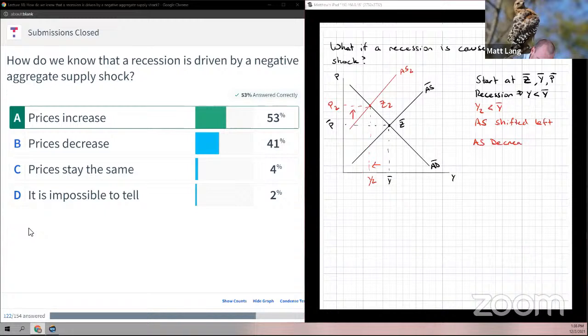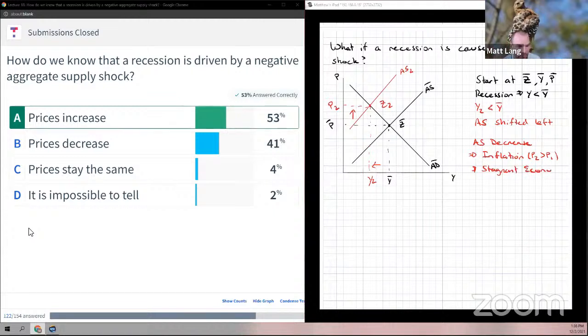We have inflation because P2 is greater than P1, and a stagnant economy, because Y2 is less than Y bar. I should put some bars over that P as well. So we've got a stagnant economy plus inflation.